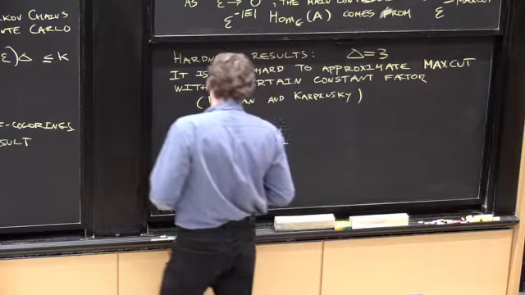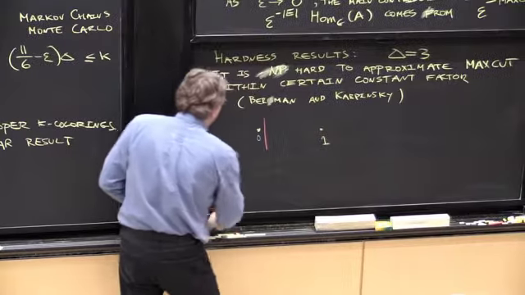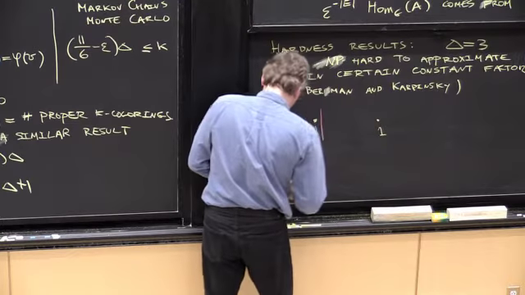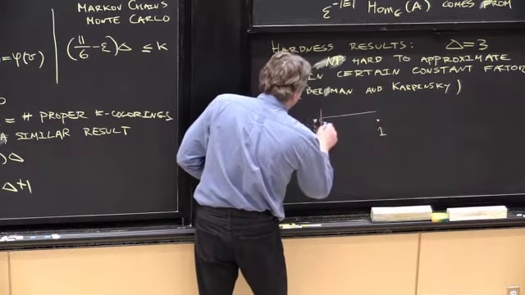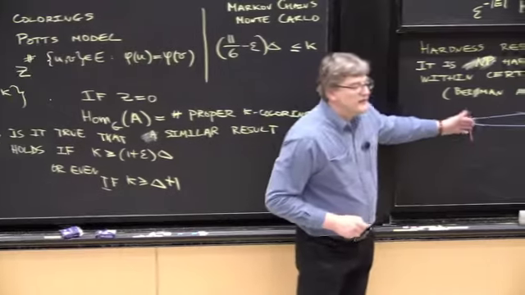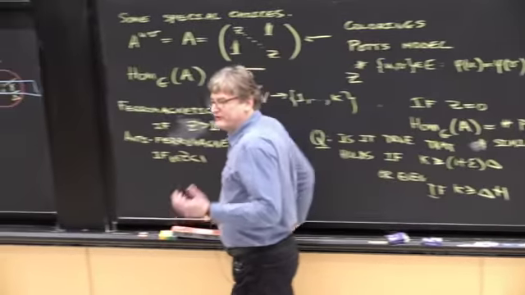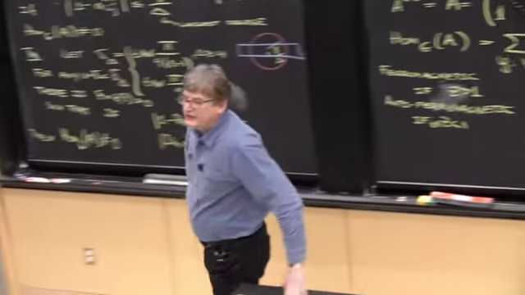What you get from that is that there is some wall here, after which you have to have zeros close to the real axis, as close as you can possibly get.